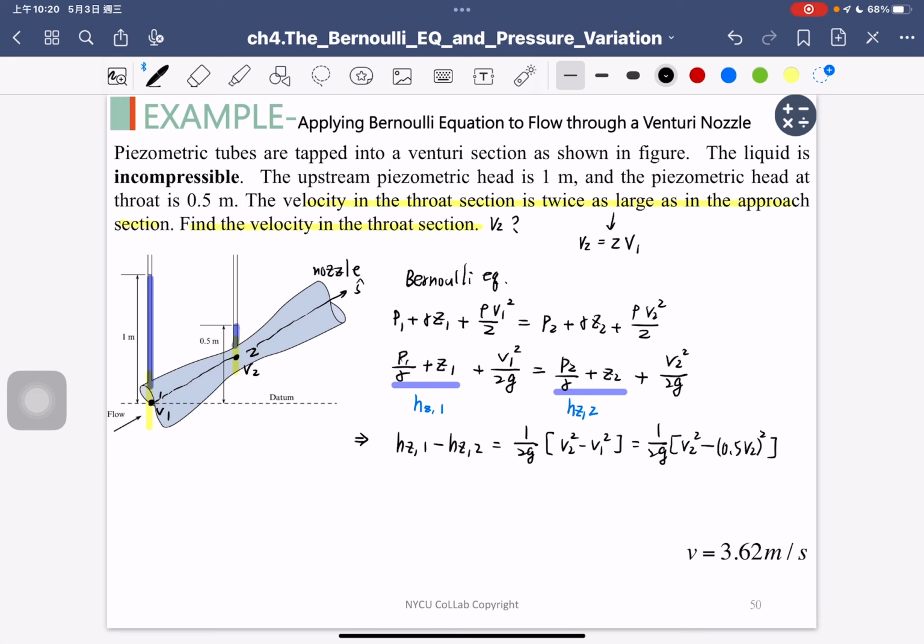Okay. So we can just rearrange the equation. V2 squared minus 0.5 squared V2 squared equals 2g times the piezometric head difference.